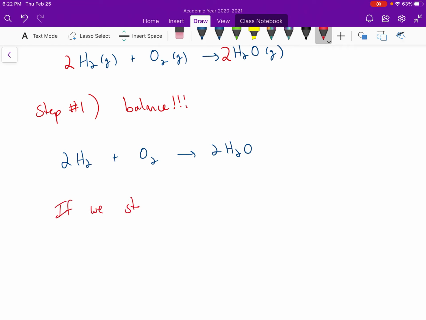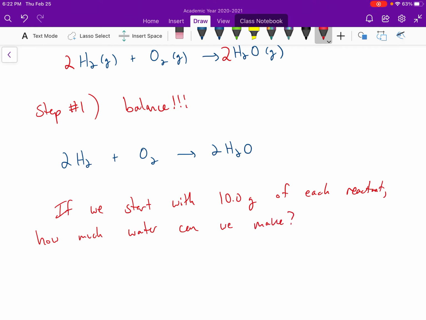If we start with 10.0 grams of each reactant, how much water can we make? All right, so think about that for a second.